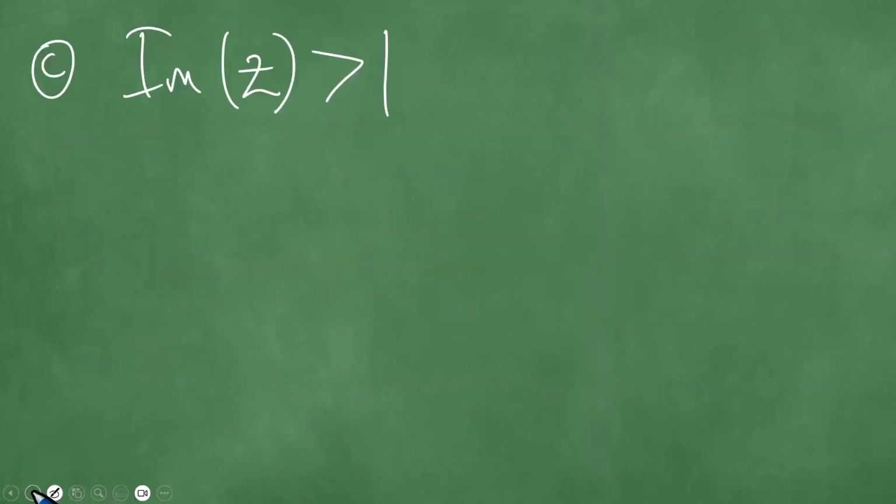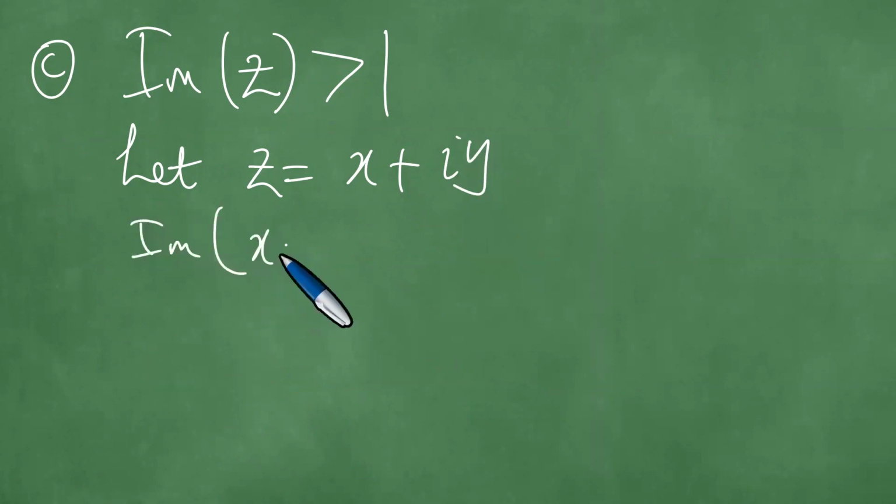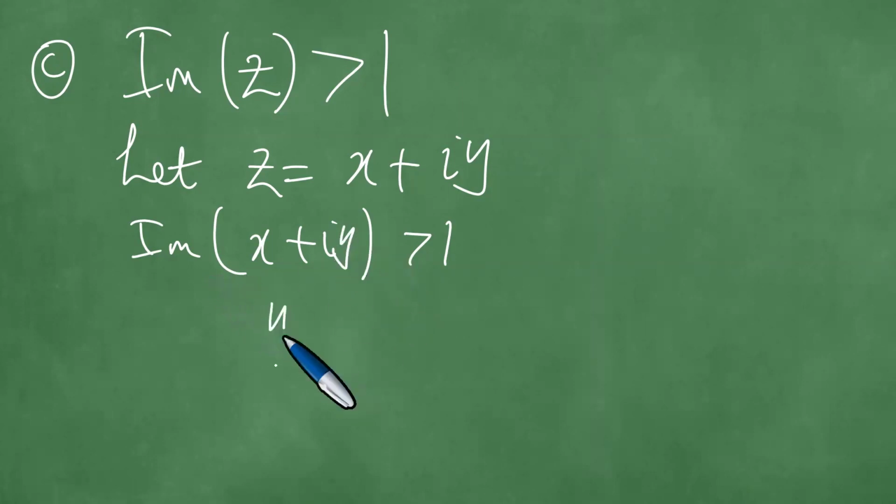Let's look at the part C. Now in this one here, we let Z be X plus IY, which means that the imaginary part of X plus IY is bigger than 1. We're looking at the imaginary part, and the imaginary part of this is the Y. So you only take the Y. So this is the same as this.